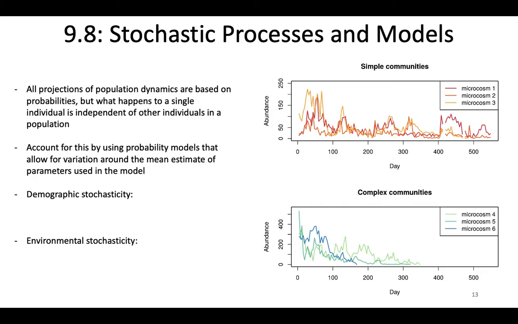So maybe some sort of hurricane or weird temperature fluctuation. You can model that with these probabilistic models that include some sort of variation around the mean. I think these are cool.